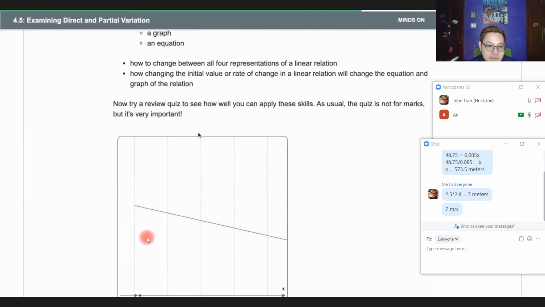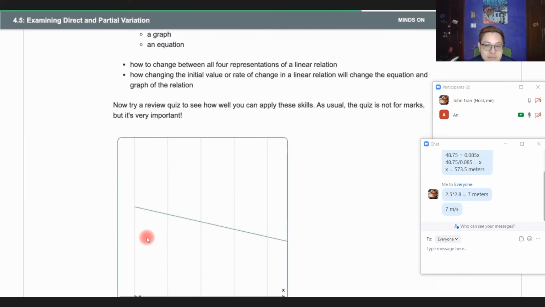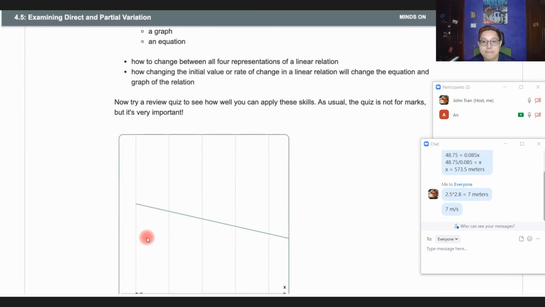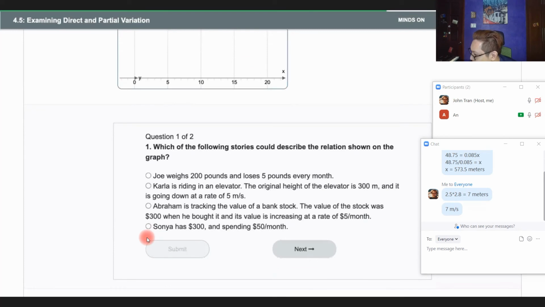Now try the review quiz to see how well you can apply these skills. Which of the following stories should be described by the relation shown on the graph?